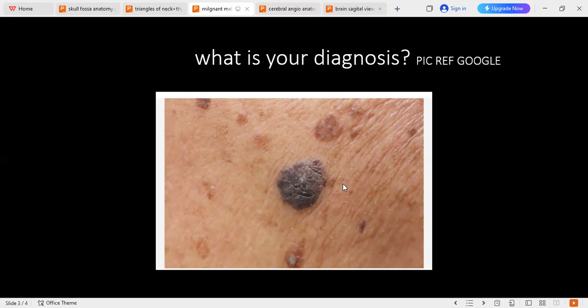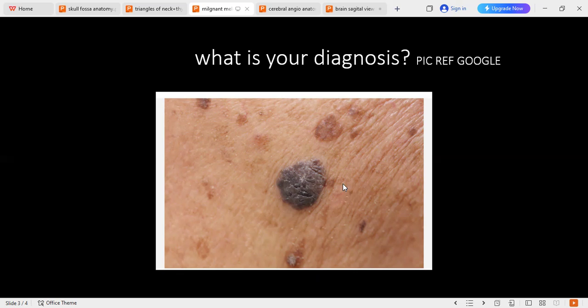What are the causes which can lead you to think that the patient could be suffering from malignant melanoma? Or in other words, what kind of condition is malignant melanoma? Malignant melanoma is a malignant change of the melanocyte.